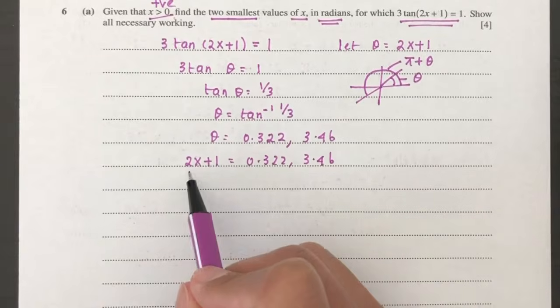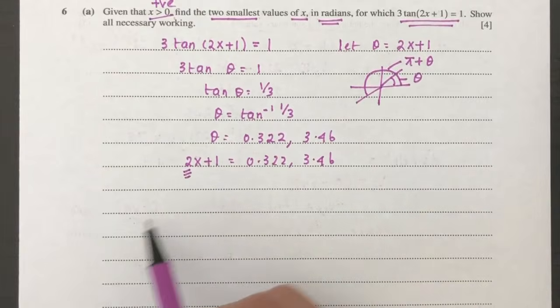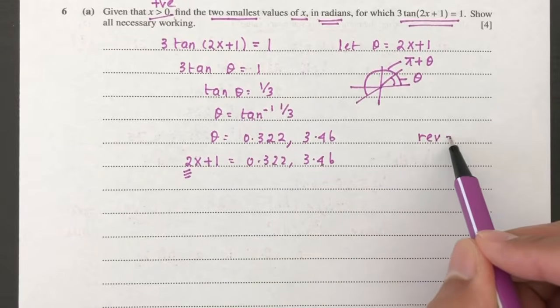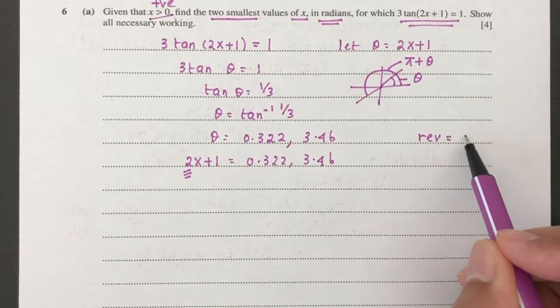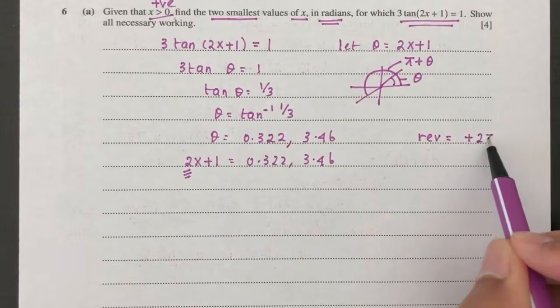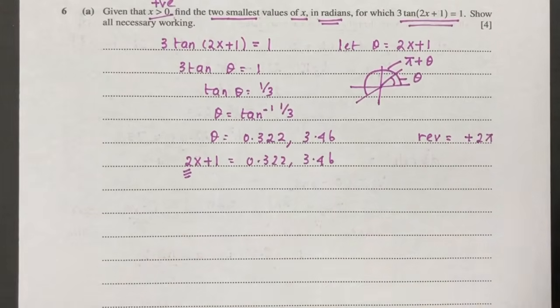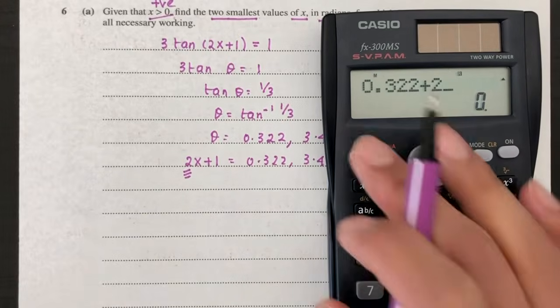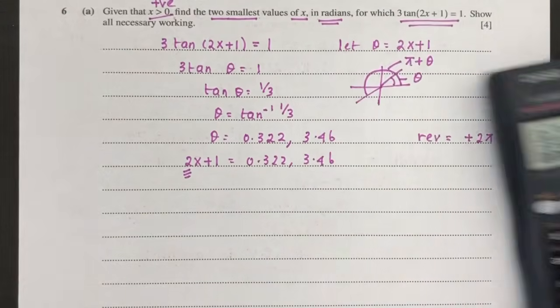So now since we have 2x here, we have to add another revolution. So for the revolution, you have to add 2 pi to each of the values. So let's do that. For the first one, 0.322 plus 2 pi. And why do we do this?